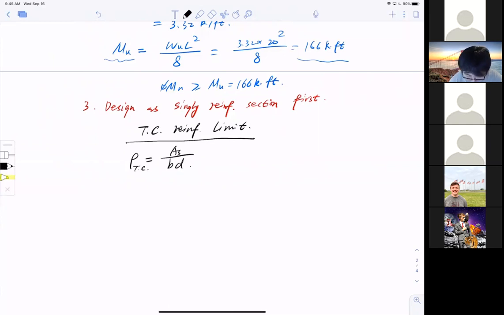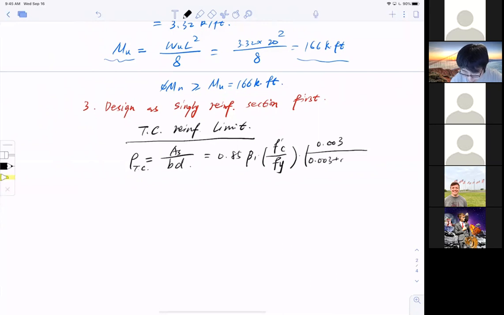And this has the equation 0.85 beta 1 f'c over fy, times 0.003 on the top over 0.003 plus 0.005. Where is the 0.003 coming from? This is epsilon cu. And this 0.005 is the tension-controlled strain limit. So that means if I provide steel with this much reinforcement ratio, I naturally will achieve a tension-controlled case.